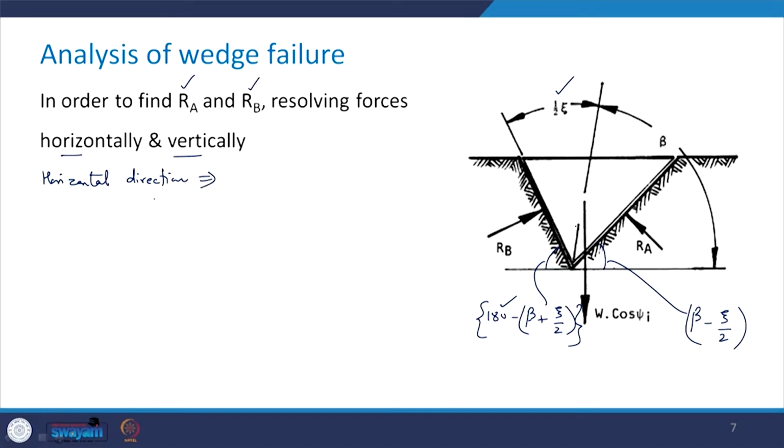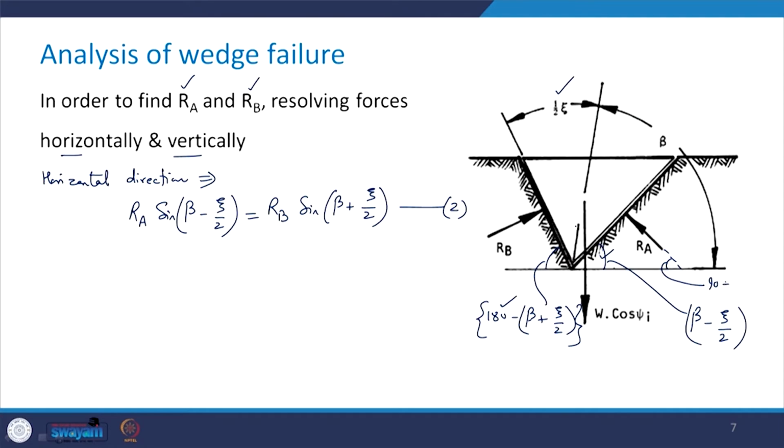So, when I take the horizontal equilibrium of the forces, we are going to get RA into sine of beta minus zeta by 2 will be equal to RB into sine of beta plus zeta by 2. I mark this equation as equation number 2. See, I have to take it in the horizontal direction. So, if I just extend it in this way, I know this angle. What will be this angle? This is going to be 90 minus this angle, right?